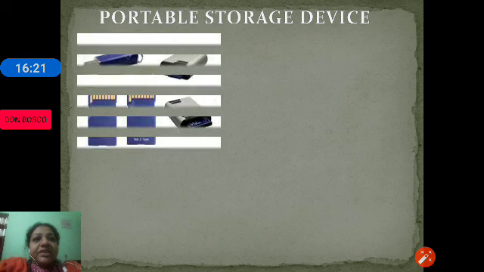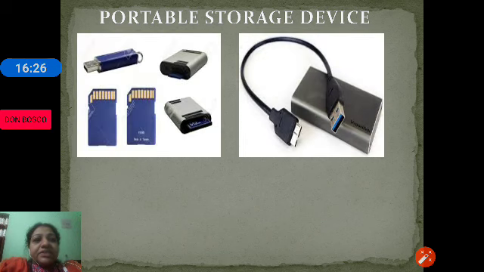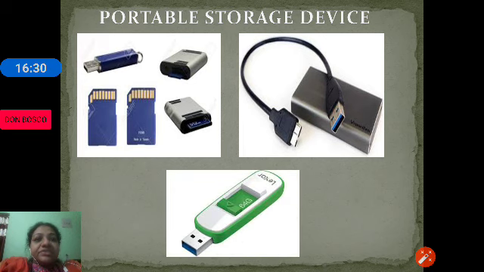The most commonly used portable devices are memory cards or pen drives, and there is also the external hard disk, which is helpful when you travel a lot, as it is easy to carry.